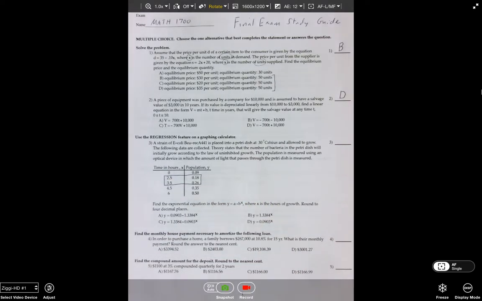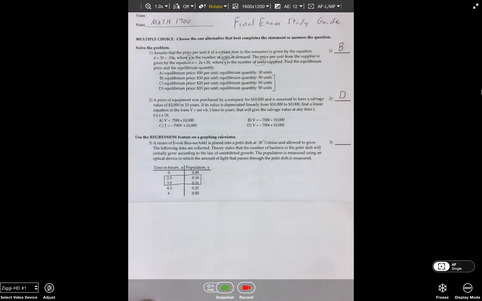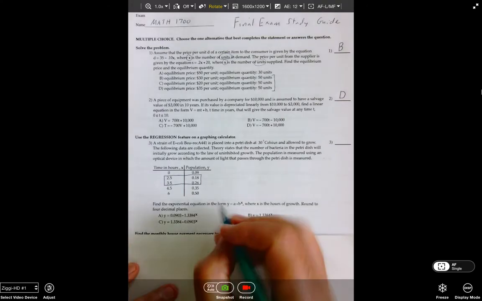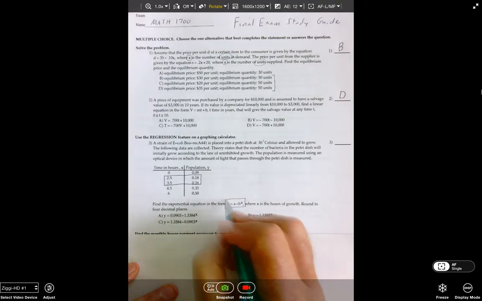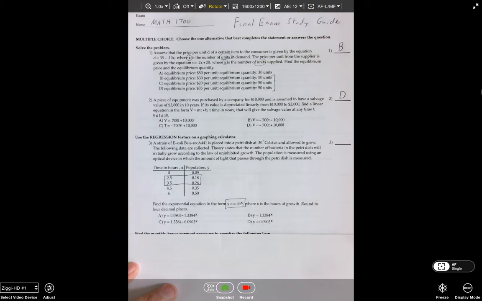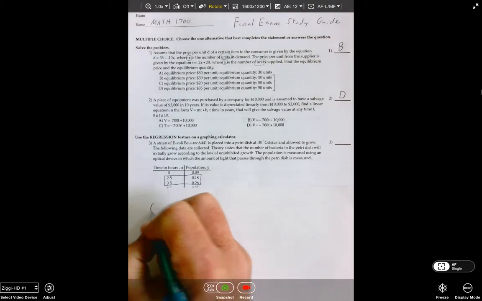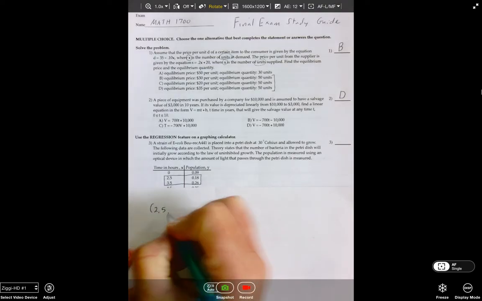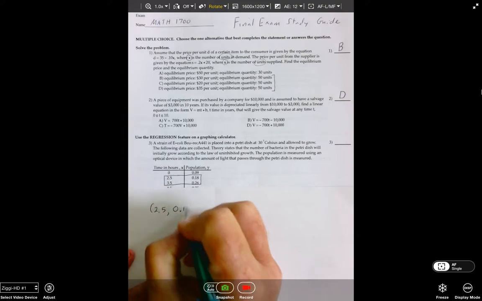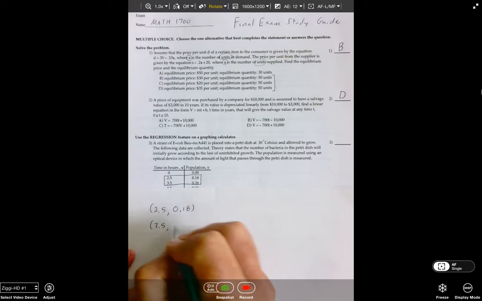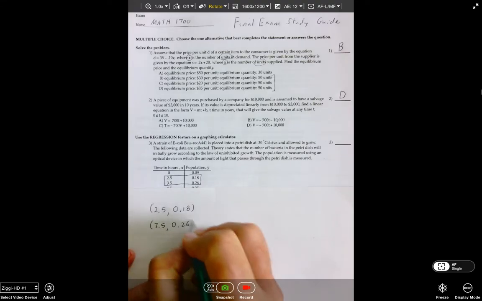And I am going to do what Darbo taught me. Okay, that's what I would be thinking. Now we want to achieve a form y equals a times b^x. So I have, first of all, 2.5, 0.18, and I have 3.5, 0.26.